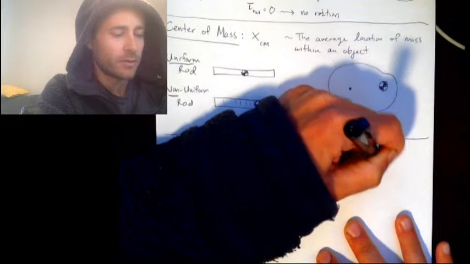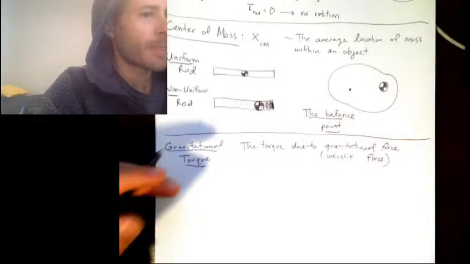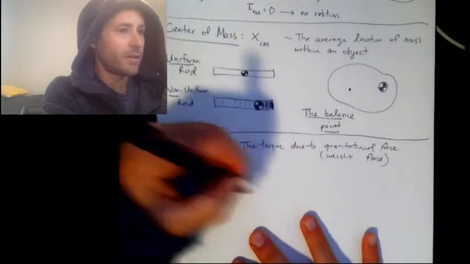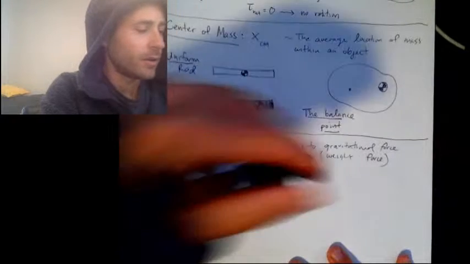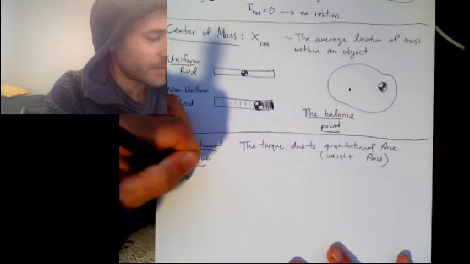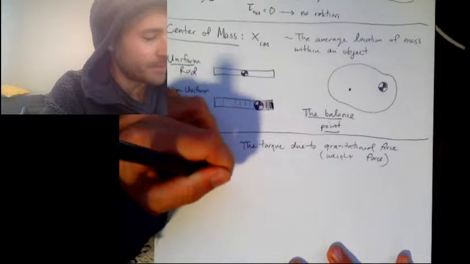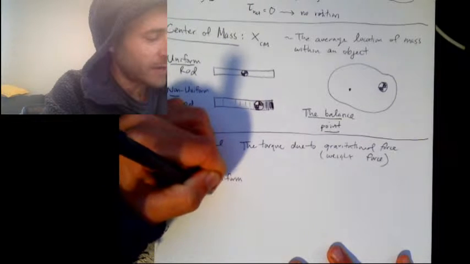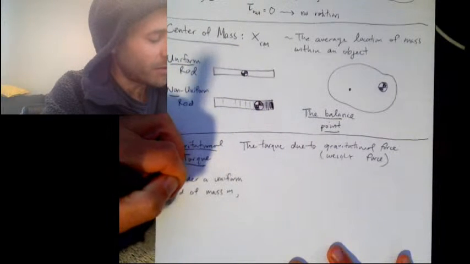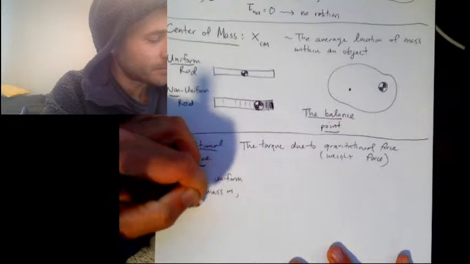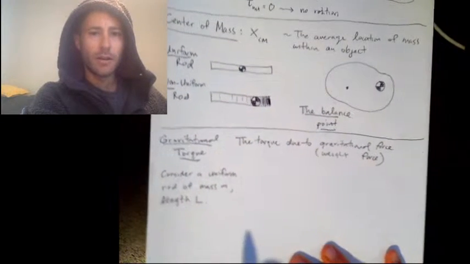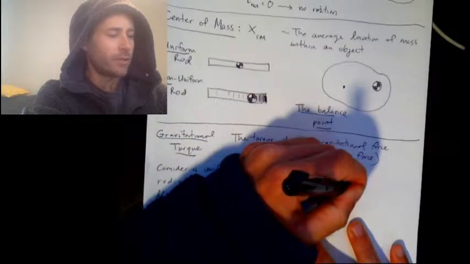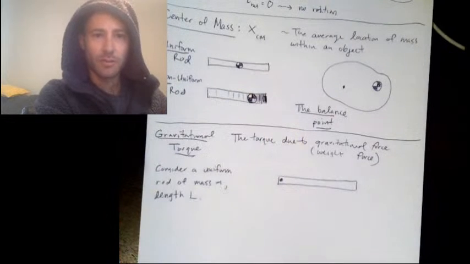Okay? So let's suppose we have a uniform rod of mass m and length L. So here's the rod, and let's suppose that the rod is pivoting about its left end.